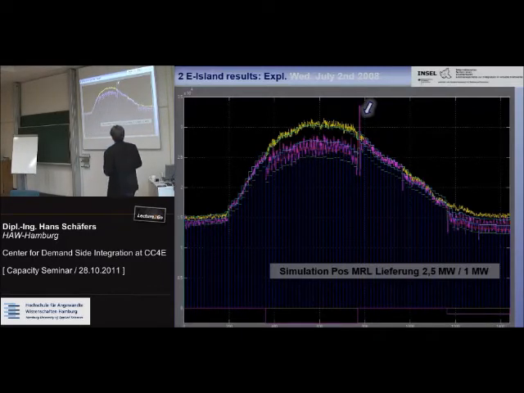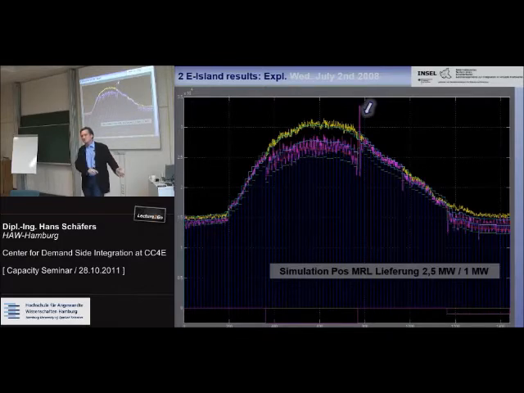What you can see here is that if we go to the limit, we have a lot of load noise, and that is due to the controller algorithms installed in the load management system.